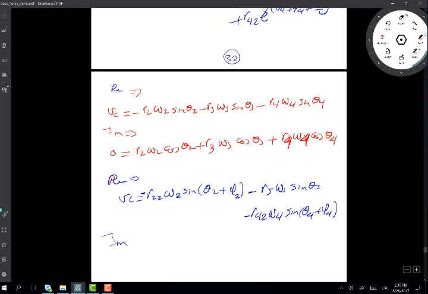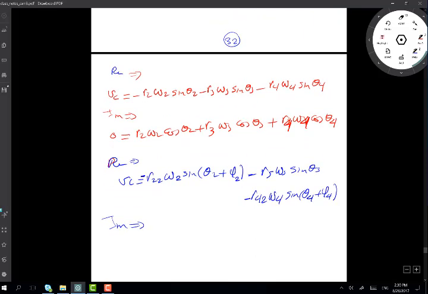And then the imaginary part of my second equation will give me 0 equals R22 omega 2 cosine of theta 2 plus phi 2, plus R5 omega 5 cosine theta 5 plus R42 omega 4 cosine of theta 4 plus phi 4.